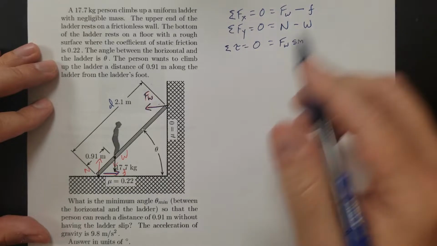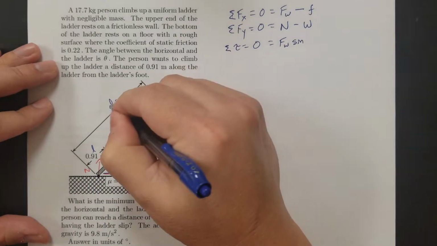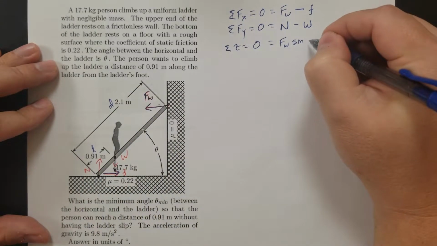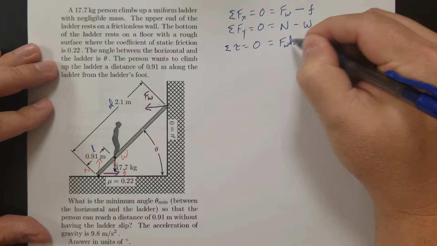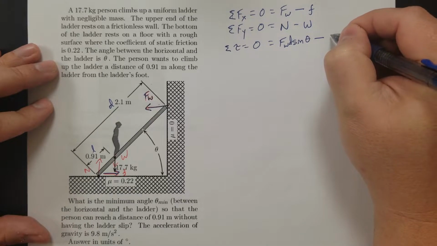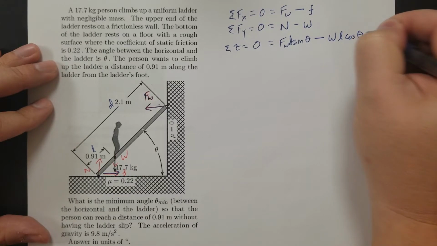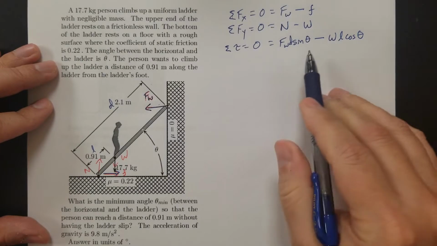So that's d. Okay. So let's do this. This is d, and we'll call this L. So the distance of the ladder is d. So times d sine theta minus WL cosine theta. Right? So now I got 3 equations, right?